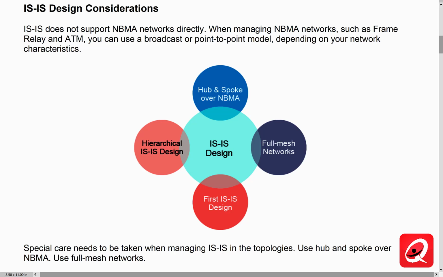In a hierarchical design, we have multiple areas, of course, positioning the routers, deciding which router is going to be participating in the backbone, whether or not we're going to use any kind of route summarization towards that backbone, whether or not we're going to be using any route leaking to provide optimal routing throughout the topology.